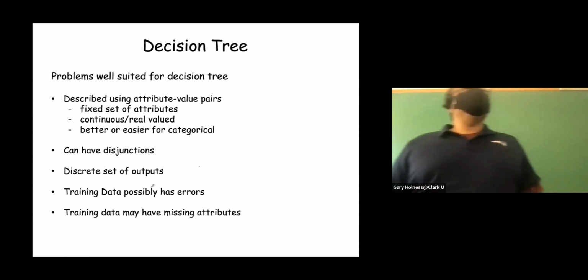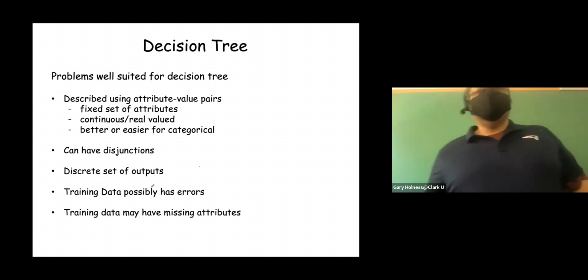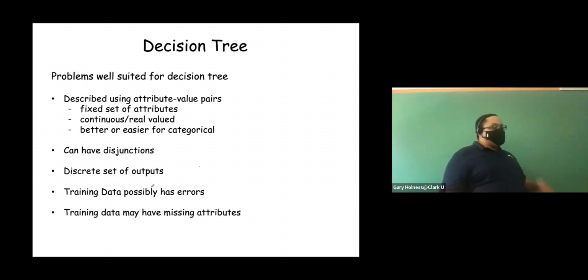If you have a discrete set of outputs, well, that's important because of how they work. Namely, your label is discrete, your label set that alludes to the supervised learning nature of a decision tree. If your data set has possible errors in it, decision trees can correct for that because they use this idea of majority when they determine the class labels. Okay, that's kind of nice.